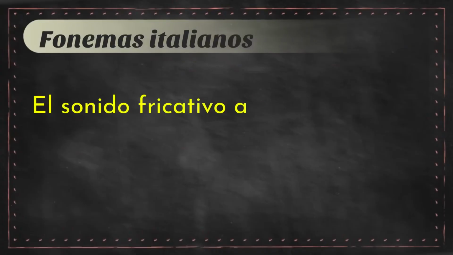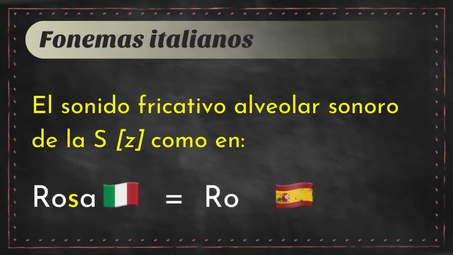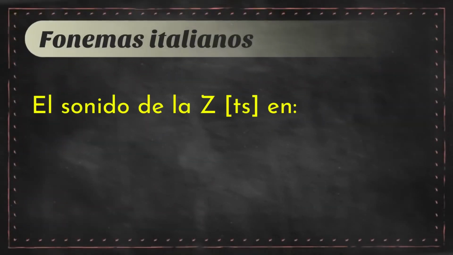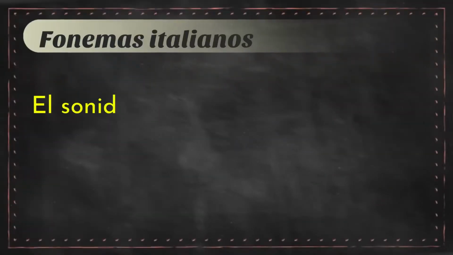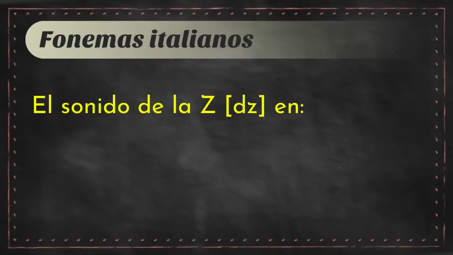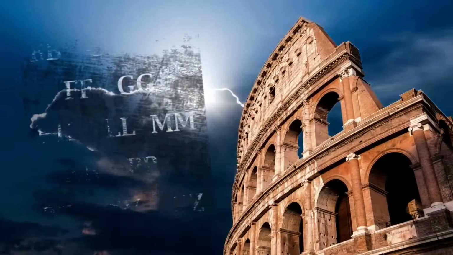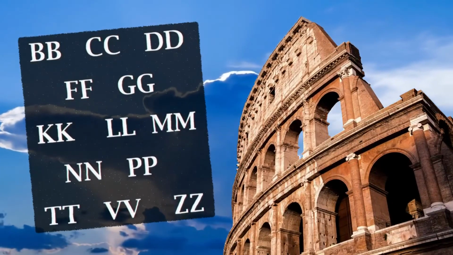The voiced alveolar fricative sound of S in rosa. The sound of the Z, TS in forza, and the sound of the Z, DZ in zingaro. This is not counting the sound of 13 double consonants that Italian has, but Spanish lacks.